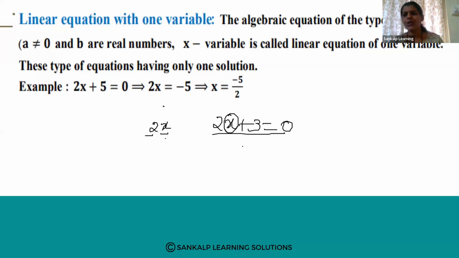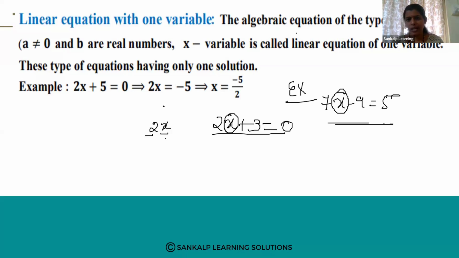Therefore, this equation is called an equation with one variable, right? ಇದನ್ನೇ ನಾನು ಇನ್ನೊಂದು ಎಕ್ಸಾಂಪಲ್ ತಗೊಂಡ್ರೆ 7x minus 9 equal to 5 ಅಂತ ತಗೋತೀನಿ. Okay. So in this equation also I am using only one variable. Therefore, it is also an example of an equation with one variable.